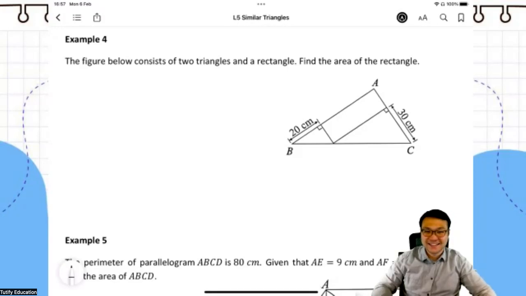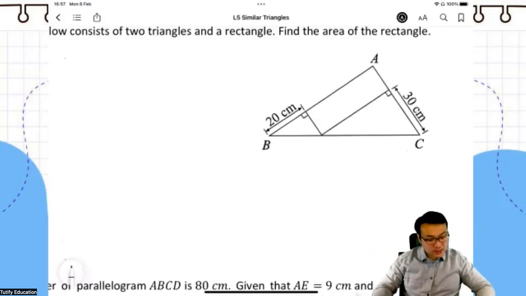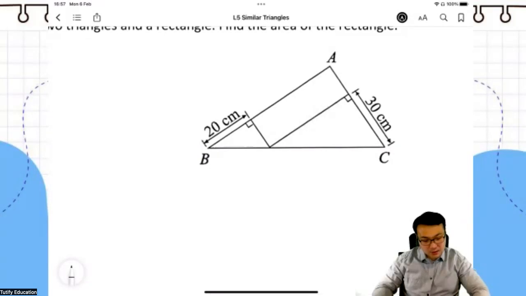I tried using Pythagoras theorem. Okay, good try. It might work. Thank you, Aiden. So students, what he did was he tried Pythagoras. Like for example, maybe he can call this X and call this Y. But you know, there's too many variables.